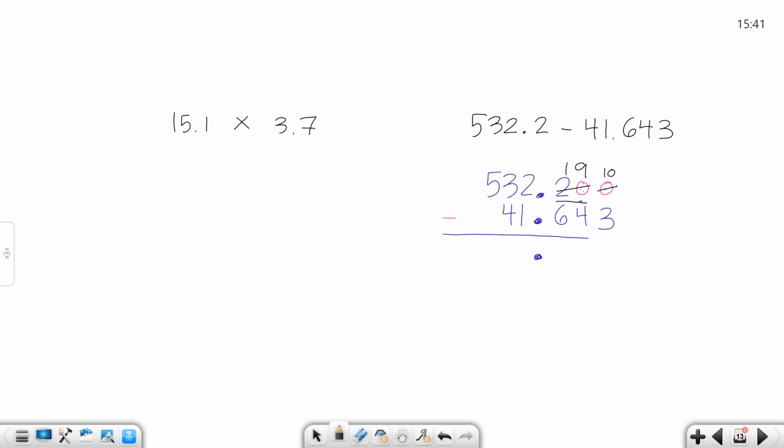So 10 minus 3 would give me 7, and 9 minus 4 would give me 5. I can't deal with that 1, so I'm going to borrow, and this becomes a 5. 1 minus 1 is 0. I'm going to borrow here, and this gives me a 9 and a 4. And that's what that one should look like. 490.557.